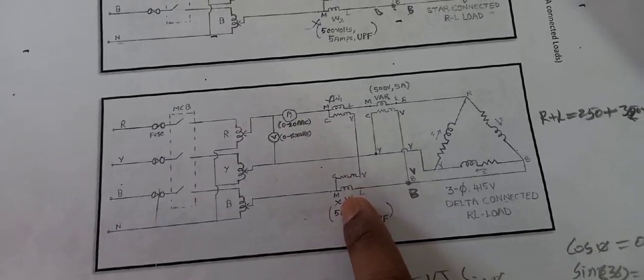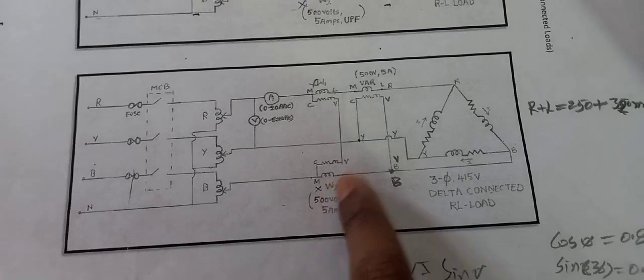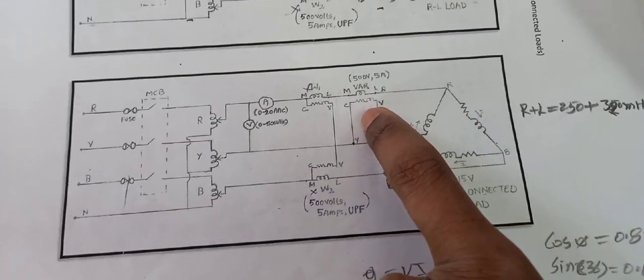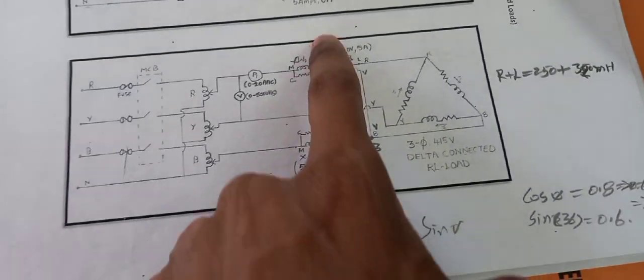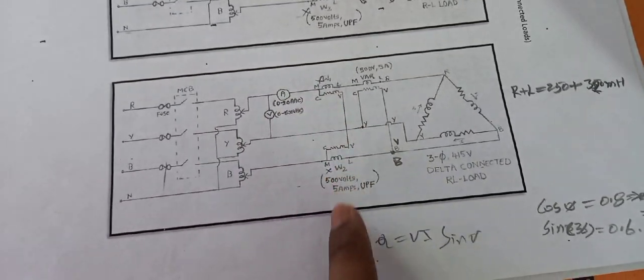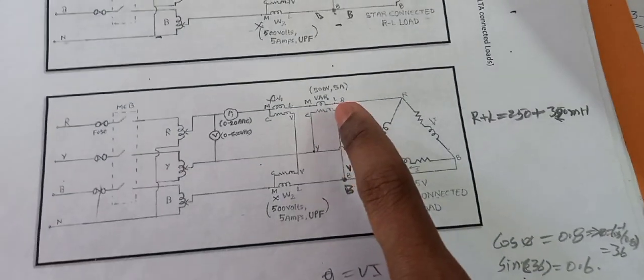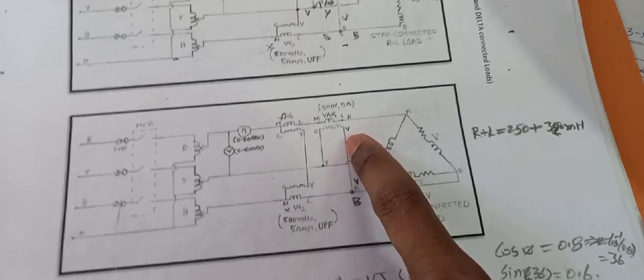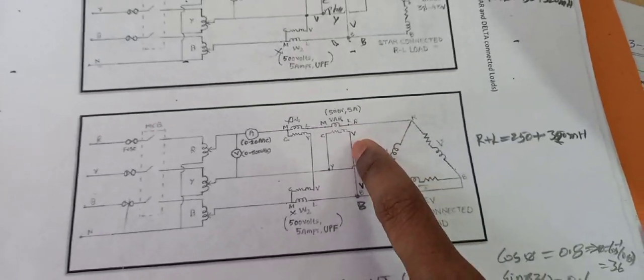But externally, in this reactive power we get a varmeter. Other than that, the remaining connection in active power and reactive power is the same: same voltmeter and ammeter and wattmeter 1 and wattmeter 2. But the difference is that externally we are taking one varmeter for the reactive power measurement.